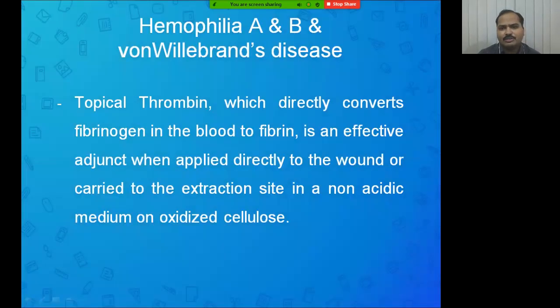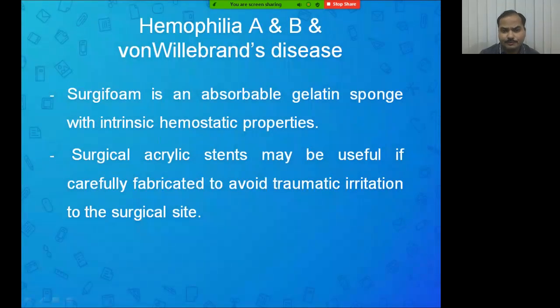Then topical thrombin directly converts fibrinogen in the blood to fibrin, and is an effective adjunct when applied directly to the wound or carried to the extraction site in a non-acidic medium on oxidized cellulose. So topical thrombin can also be used for cessation of bleeding. Surgifoam is an absorbable gelatin sponge with intrinsic hemostatic properties.